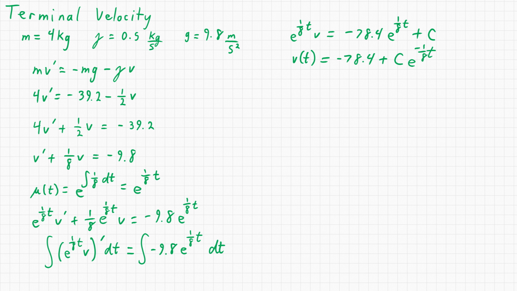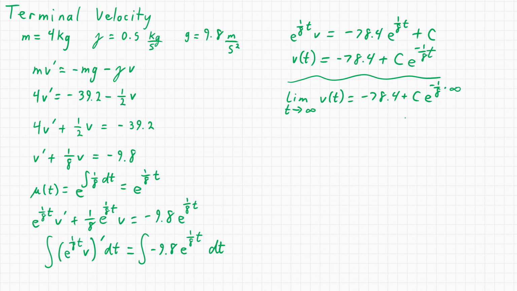All right, so now to figure out the terminal velocity, I want to take the limit as t goes to infinity of v of t. So that's going to be negative 78.4 plus some constant times e to the negative 1/8 times infinity.